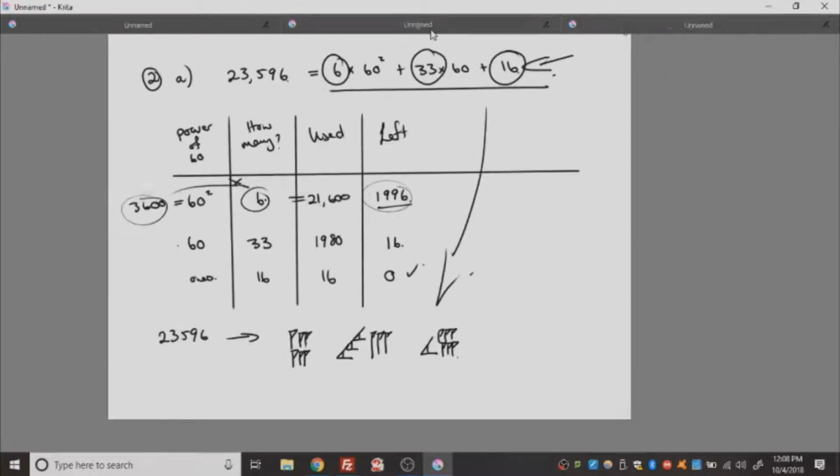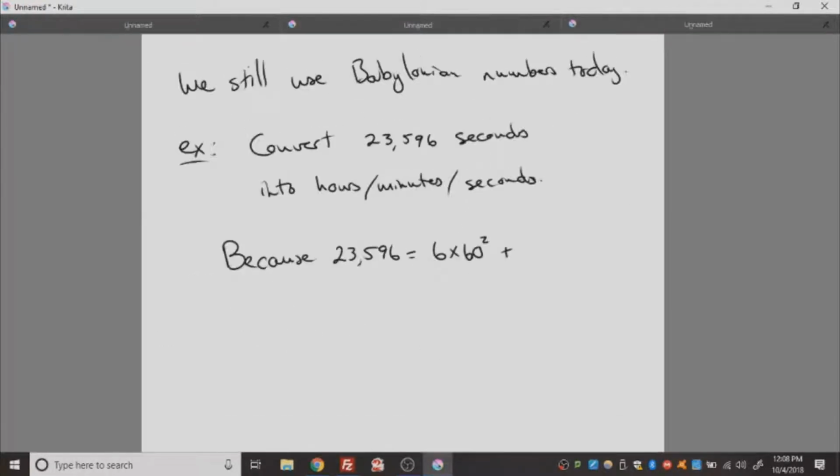I can't remember. 33 times 60. Where is my cursor? There it is. And what was the other one? 60. It is 6 hours, 33 minutes, and 16 seconds.